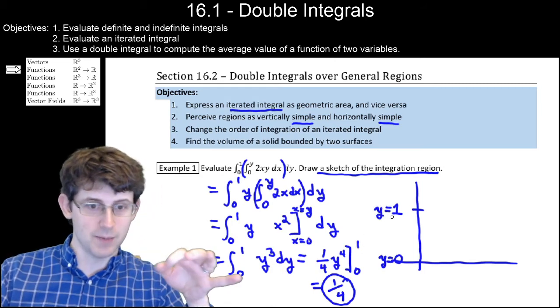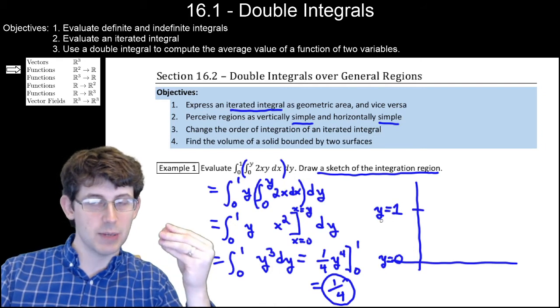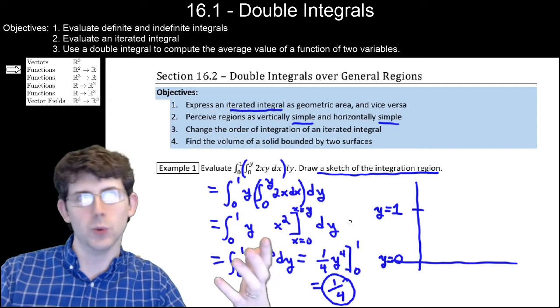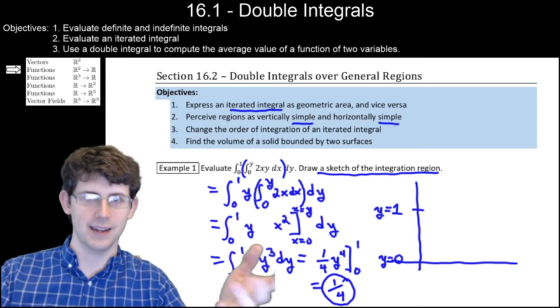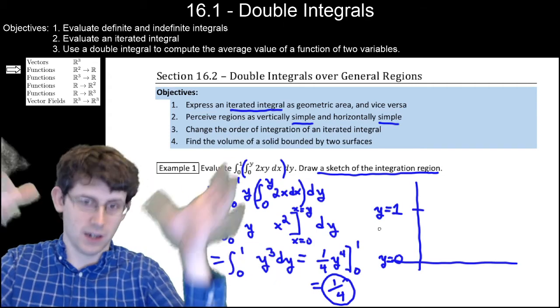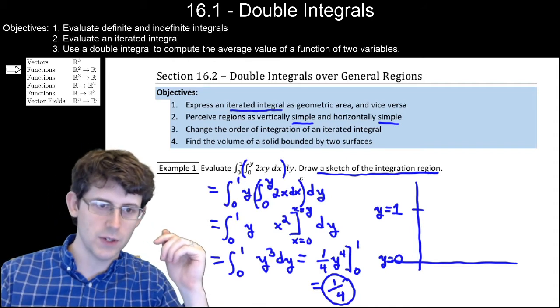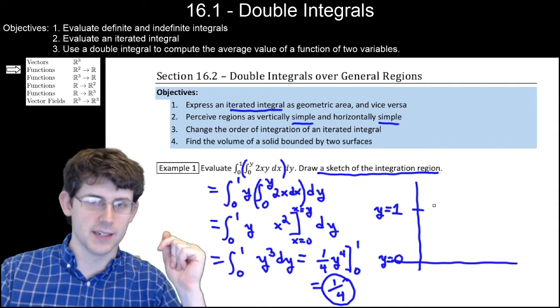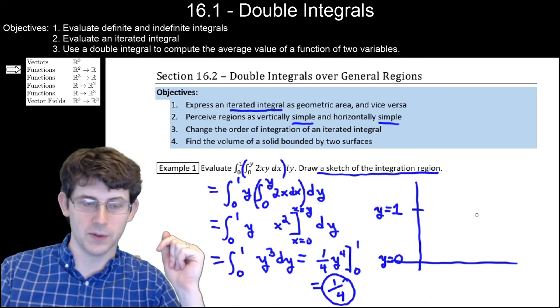And that's important because it can get tricky, especially as we get into triple integrals later in the class. Like, what is z? What does z even look like? And sometimes z will be like a circle or a cone or something weird. So if you can keep track that this one is actually y equals 1, oh yeah, this is a horizontal line at y equals 1.